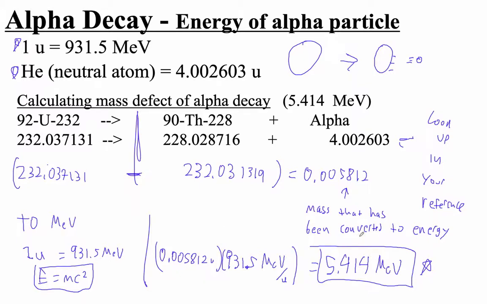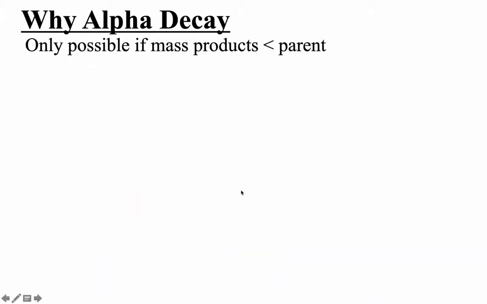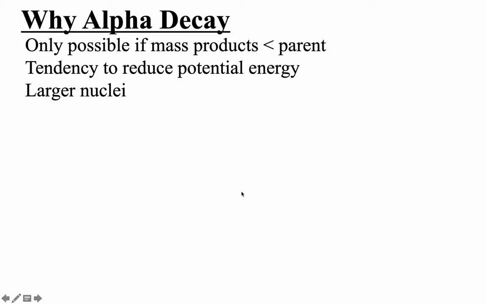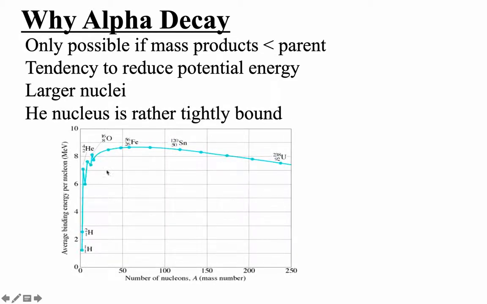Now, the question is, why does alpha decay occur? The only way it can occur is if by doing alpha decay, we decrease the mass. Or by the way, we're increasing the binding energy, decreasing the mass. We're going to a more stable configuration. And we do that because the helium nucleus, of these small nuclei, is actually one of the more tightly bound ones.